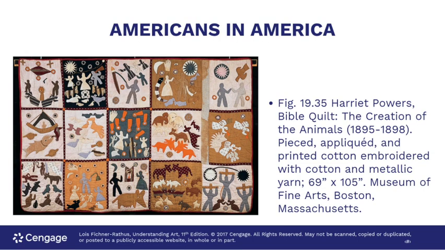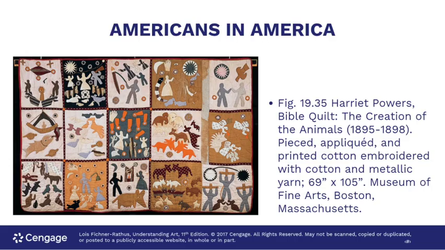Some of the squares depict, like I mentioned, stories from the Bible. We've got Adam and Eve in the Garden of Eden, the serpent tempting Eve, and then one of the squares depicts an event with a runaway pig that would have happened in Harriet Powers' lifetime. So we've got that juxtaposition of Bible stories and personalized stories.